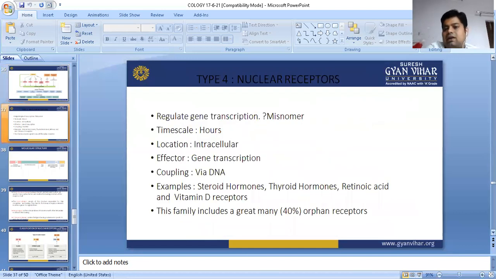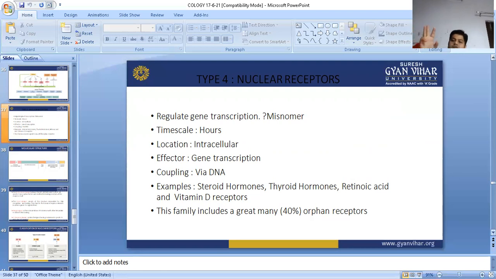Now, next and last receptor is the nuclear receptor. A nuclear receptor regulates gene transcription, and the time scale takes hours to days, means 48 hours, 72 hours. Its location is intracellular.